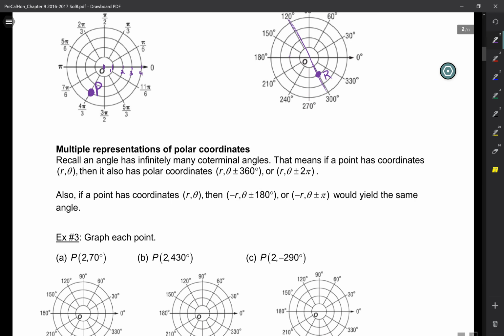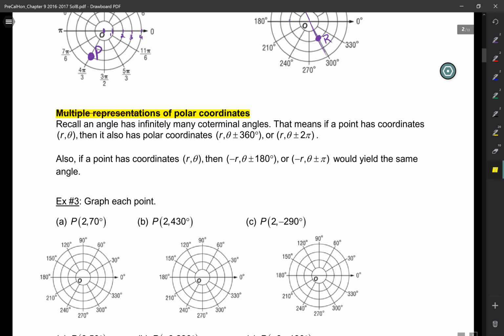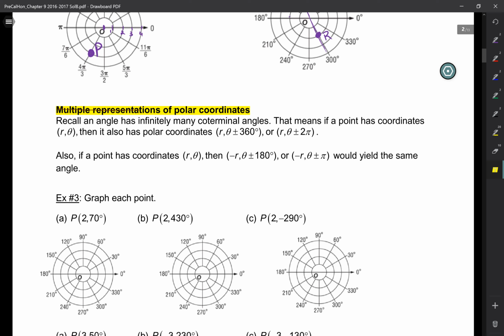So there can be multiple representations of polar coordinates. So remember coterminal angles? You guys remember coterminal angles? So basically, if something has coordinates r and theta, then it also has polar coordinates theta plus or minus 360, theta plus or minus 2 pi.